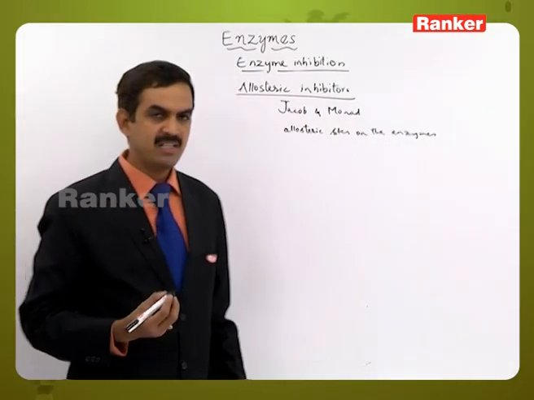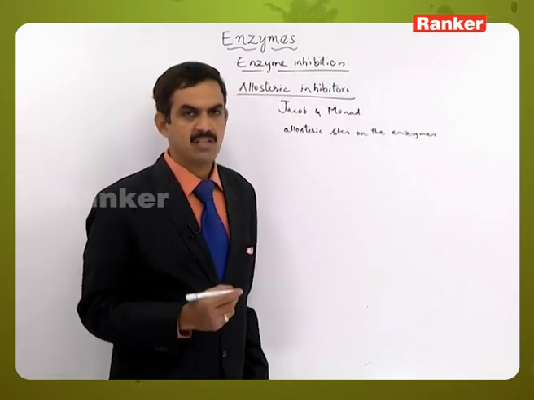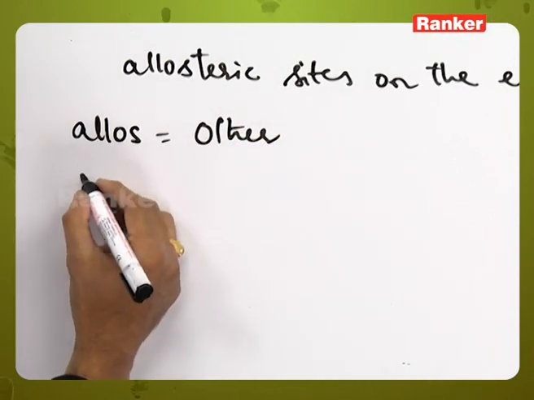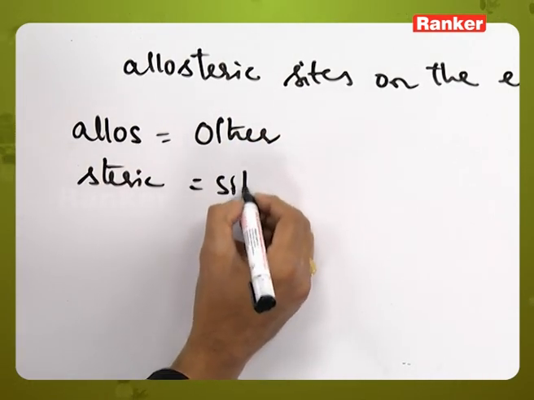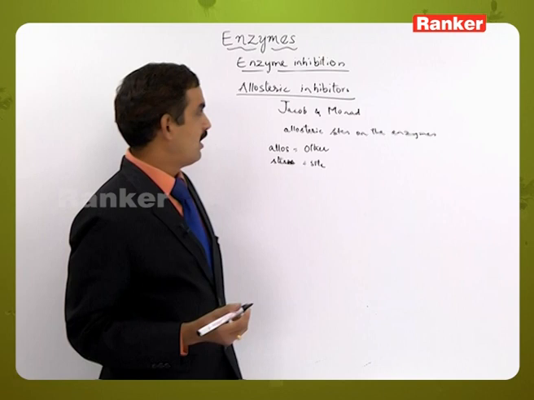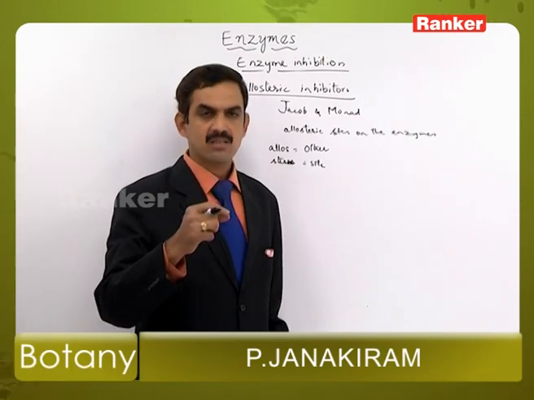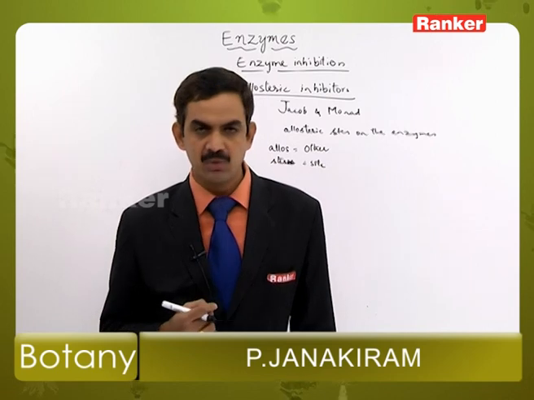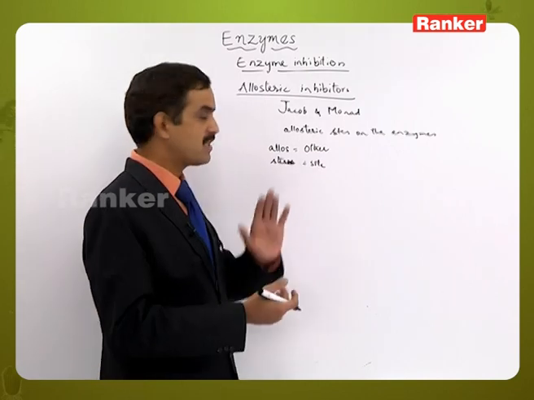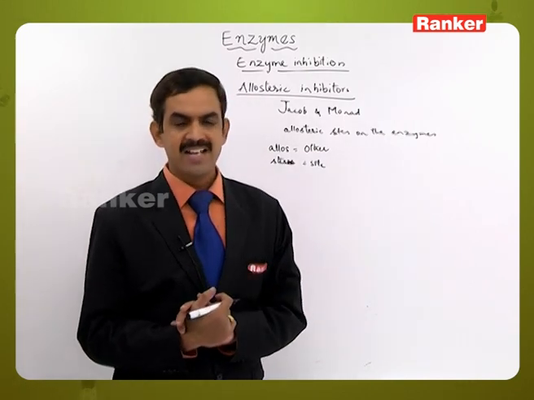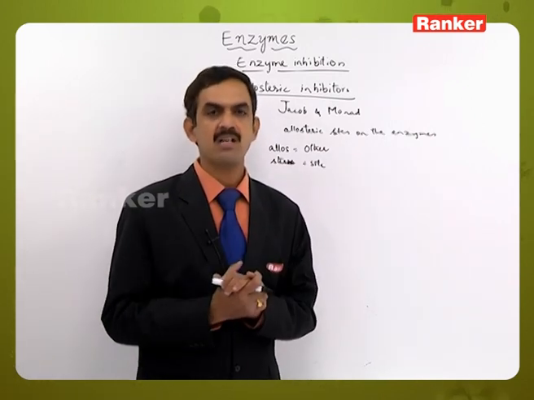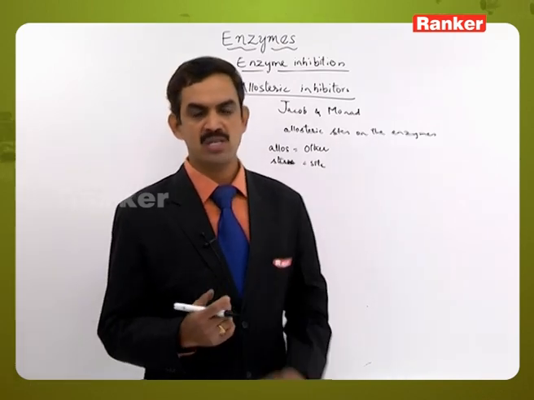The name has been derived based on that activity, in which allos means other, and steric or steros means site. So the inhibitor will bind to another site on the enzyme, other than the active site, and the attachment of the inhibitor at the allosteric site will show an effect on the reaction. The catalytic activity of the enzyme will be reduced. This type of inhibitors are called allosteric inhibitors.